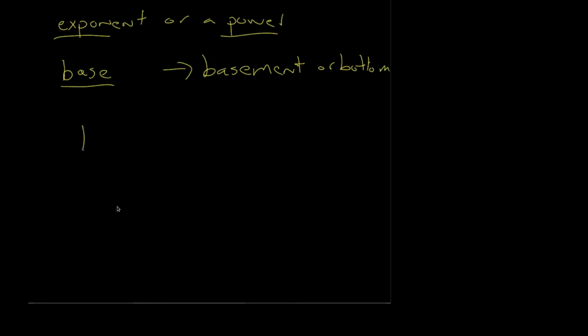And so I have the base to the power n, and that tells me I'm multiplying b n times. I put dots in there because I don't know what n is. It could be 500. It could be twice. And so it's telling me how many times I'm taking whatever that base is and multiplying it.